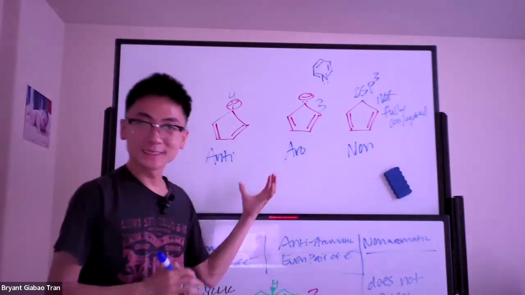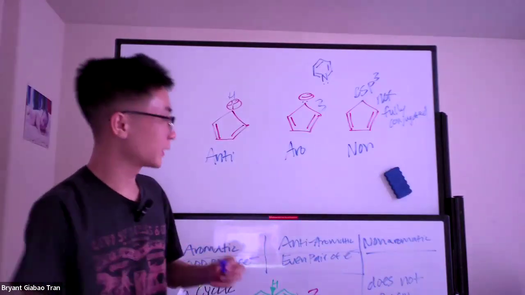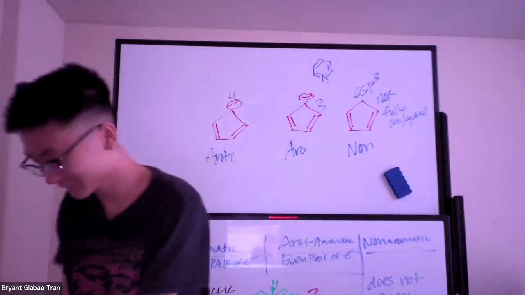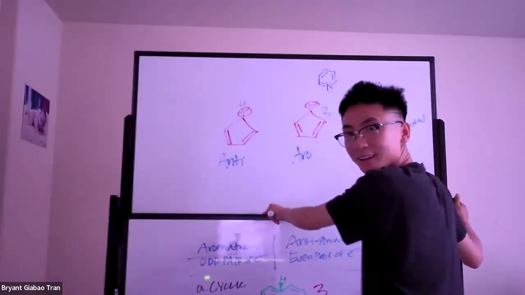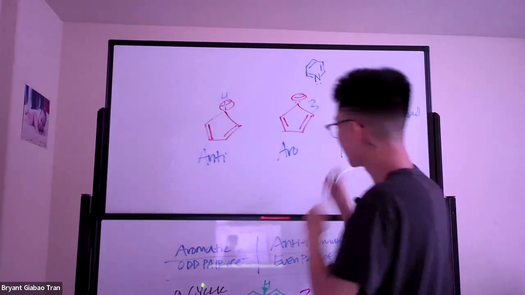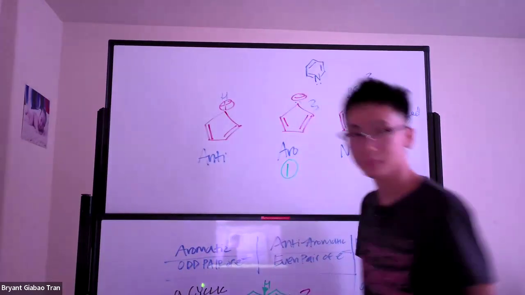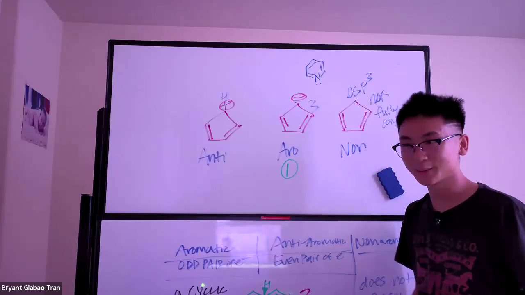Which one of these is the most stable? Let's rank them in order of stability here. Aromatic is the most stable, right? Aromatic, most stable. Then non, then anti. So that's a tricky one.